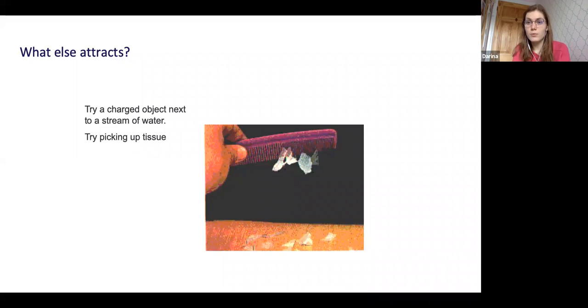A comb, which is negatively charged, would repel the electrons in the tissue paper, causing an induced positive charge in the tissue paper, which you can then use the comb to pick up the tissue paper with. This is a super fun experiment to try. It does definitely work. You just need a cloth, a comb, which I'm sure most of you have just lying around your house, and you can pick up bits of ripped up tissue paper. All right.